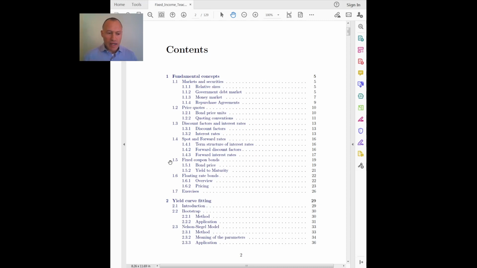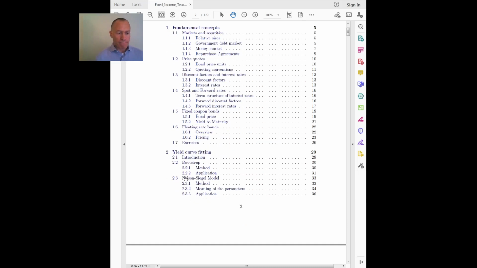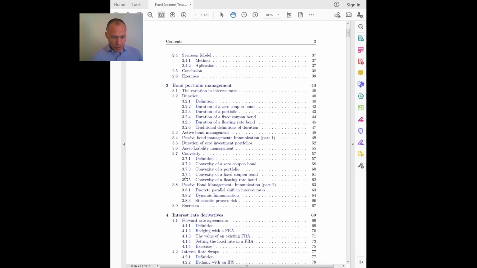I imagine that most people doing this course now know how to price a fixed coupon bond, but I also think that most people do not know yet how to price a floating rate bond. So I'll go slowly on this last section 1.6. Okay, all right, so let's start.